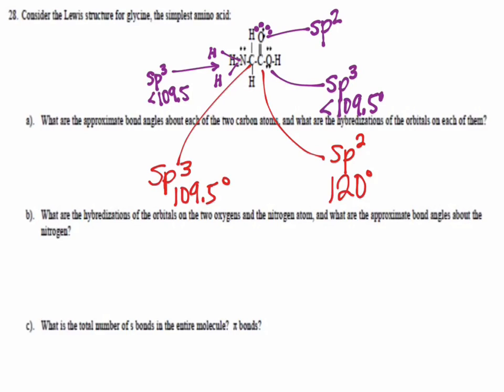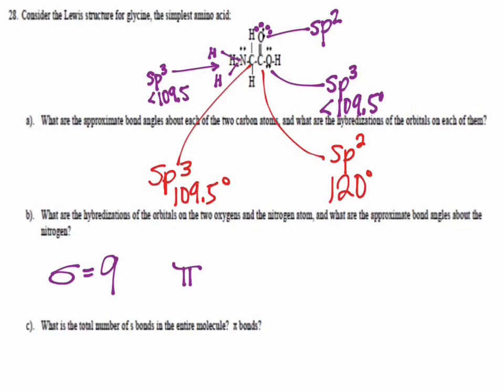How many sigmas, how many pi's? Did you count the 2 H's on N? I didn't count. I guess 9. Did you count the double bond as a sigma? Yes.